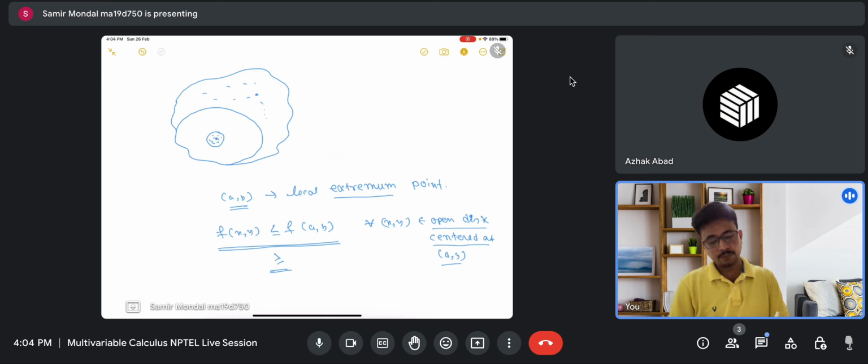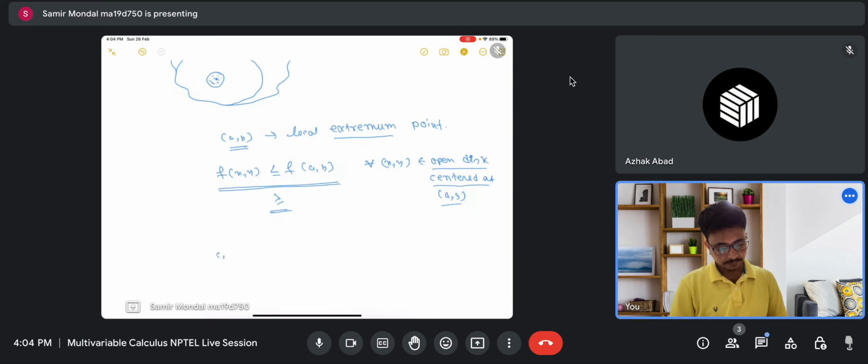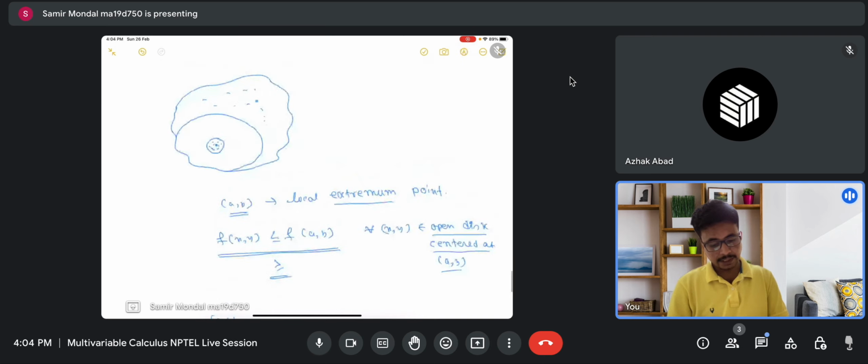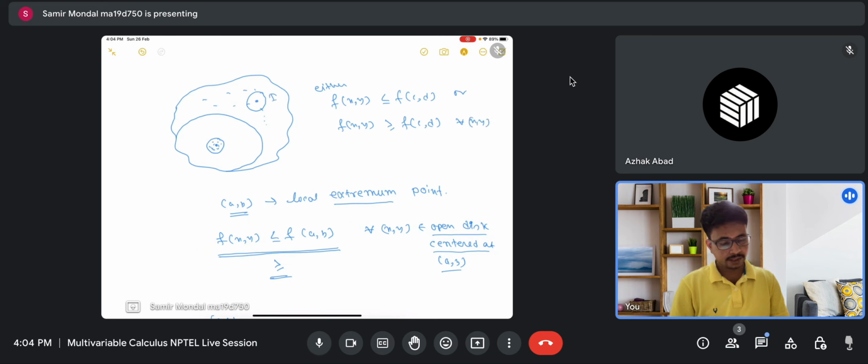But if you choose one point (c, d), you will not get any open disc such that this will satisfy either this one or this one, for all (x, y) belonging to, suppose we give it the name I. So these two inequalities never will both be satisfied; at least one of the inequalities will not hold. Understood?